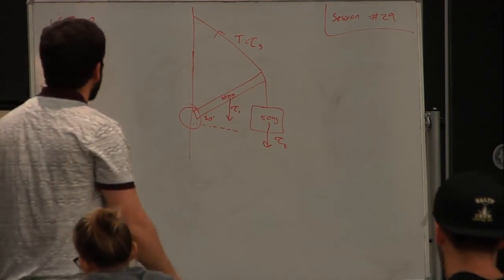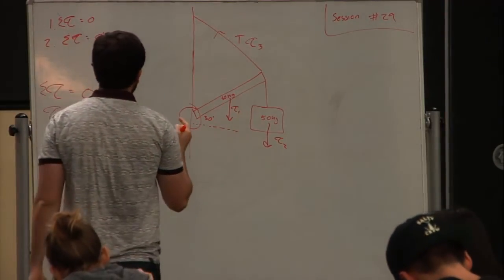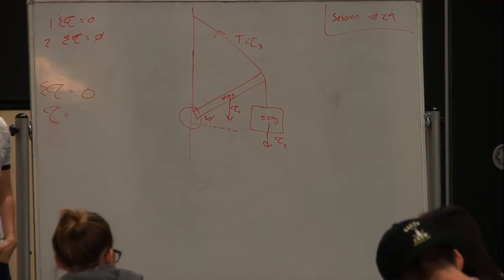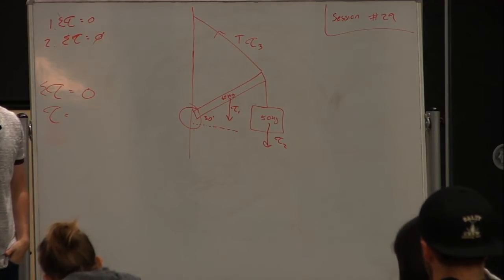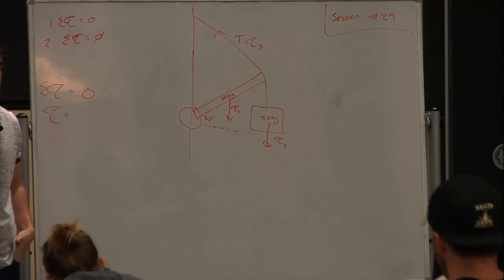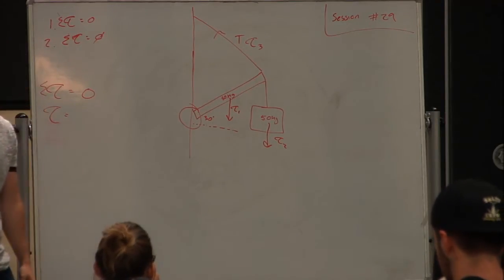Anyway, so we have the three torques acting, right? So how do we identify whether it's causing a negative torque or a positive torque? The direction of the spin, right? If it's a positive torque, it's going counterclockwise, and if it's a negative torque, it's going clockwise. How I remember, it's always the opposite of what I think. So torque 1 is going to create positive or negative?